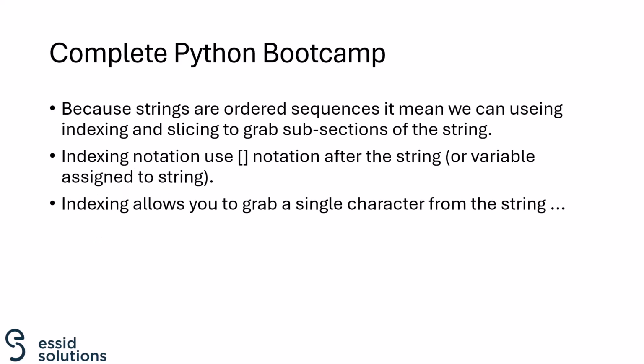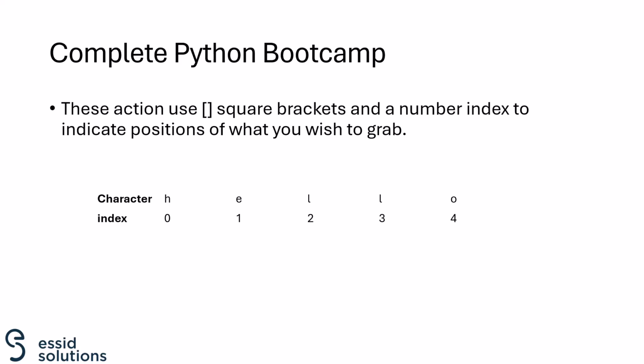Now keep in mind that strings are ordered sequences. This means that we can use indexing and slicing to access a specific part of the string. Every character in a string has a position, starting at index 0 for the first character. So for example, if you have the string hello, the character H is in position 0 and E is in position 1, and so on.